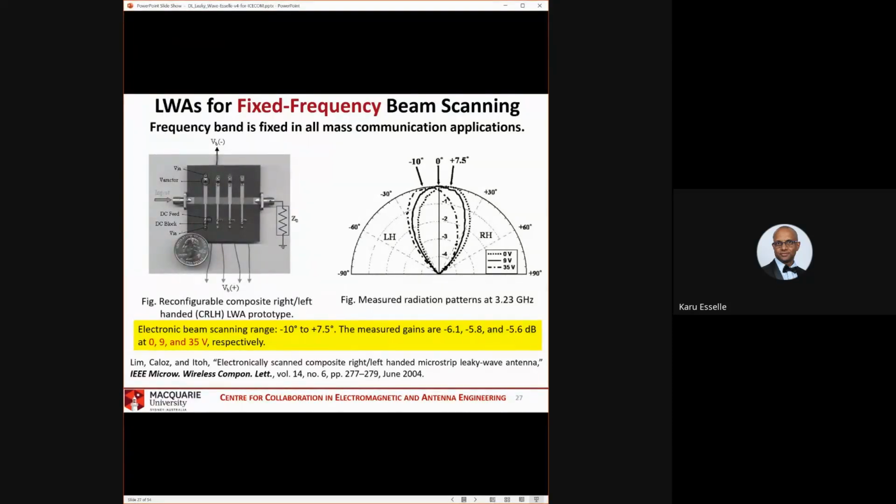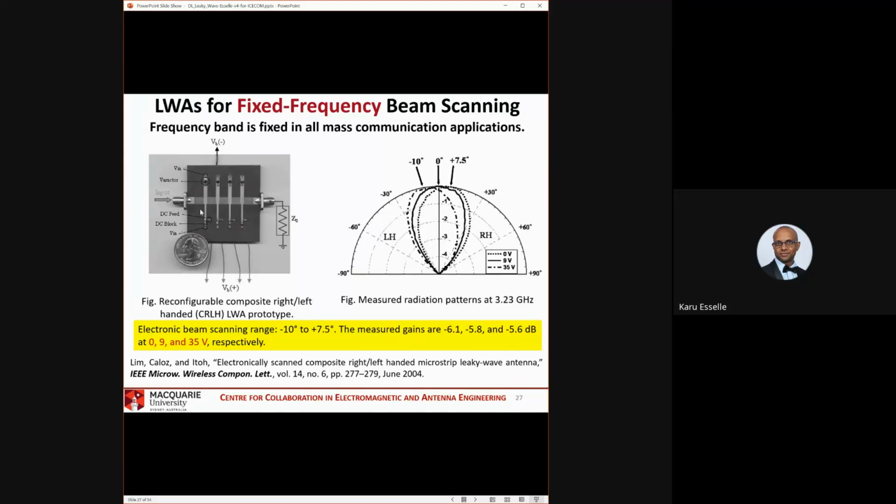You're not allowed to change the frequency. The frequency is set by the regulations. So how do you change the beam direction to steer the beam of a leaky wave antenna without changing the frequency? For that, you have to change something else. So you have to make the antenna reconfigurable.